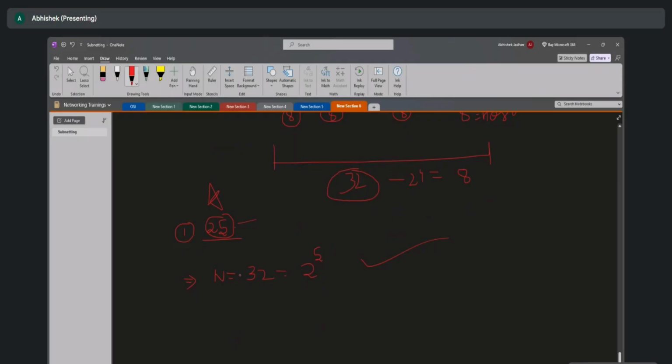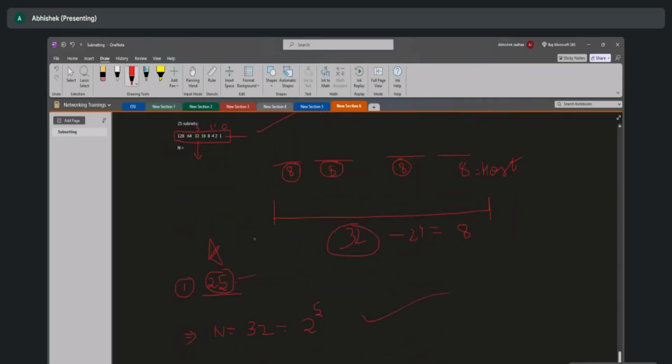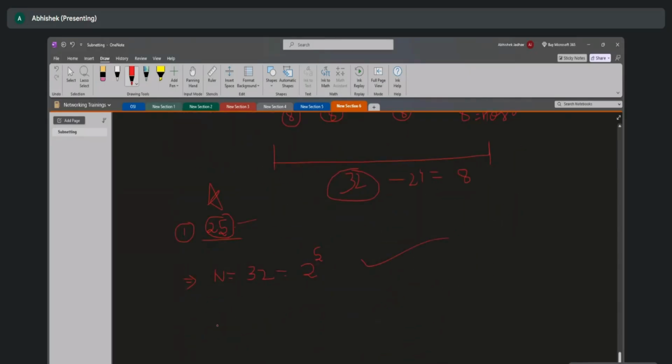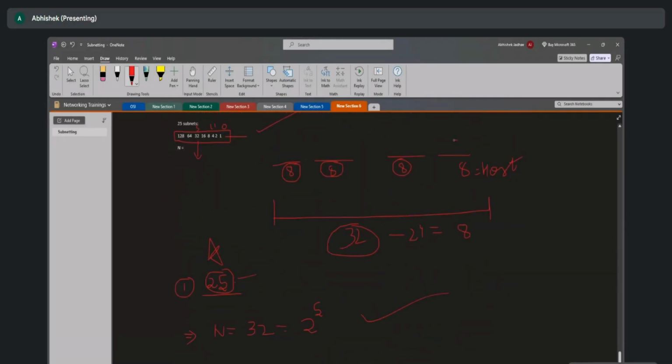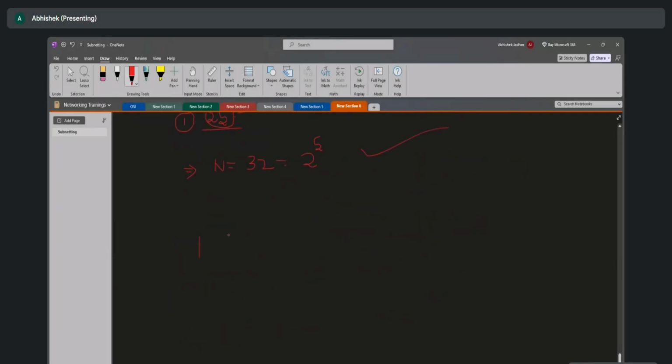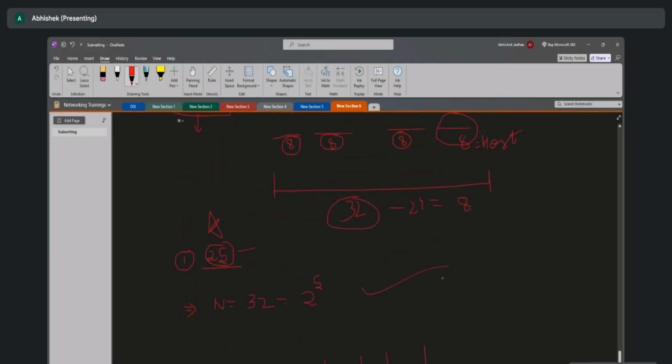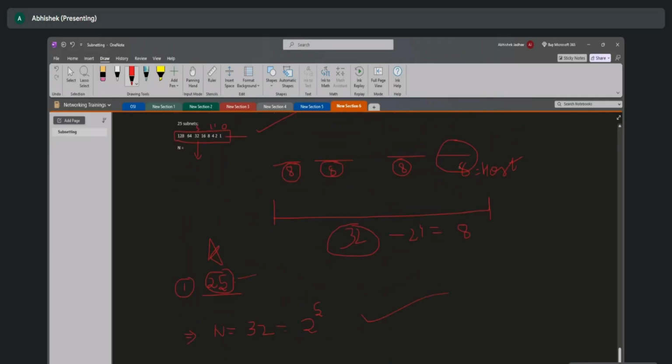Okay. So what we are doing over here is, yesterday I told you that we convert the remaining host bits, whatever 8 bits are there, into our human readable format. So we are converting those binary bits into the human readable format, right? 1, 2, 3, 4, 5, 6, 7, 8. These host bits are whichever remain in the fourth octet of your IP address.